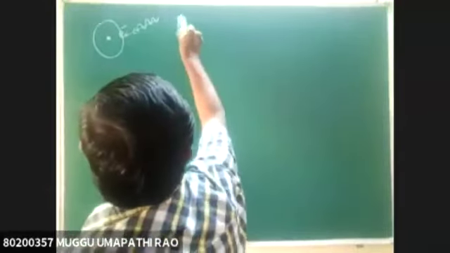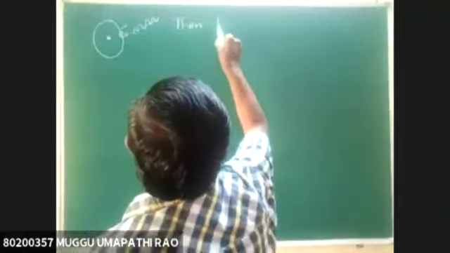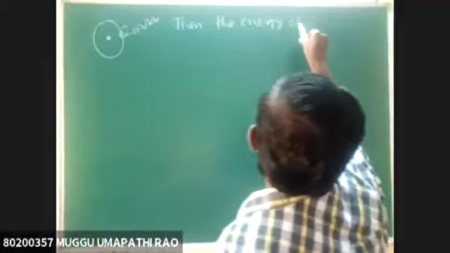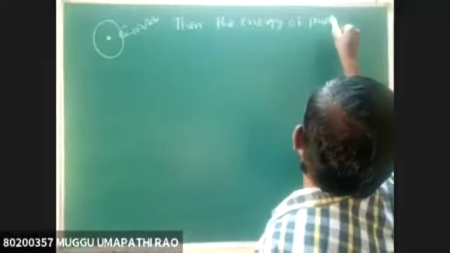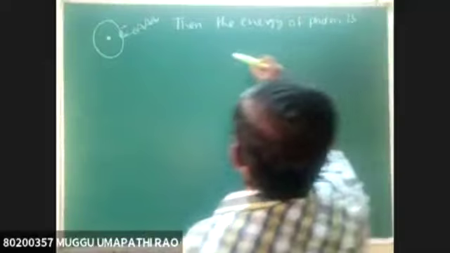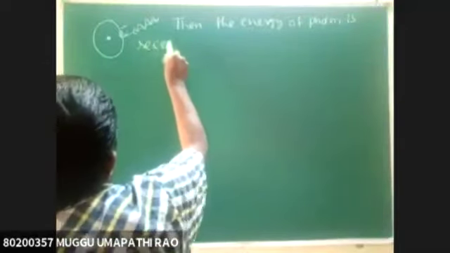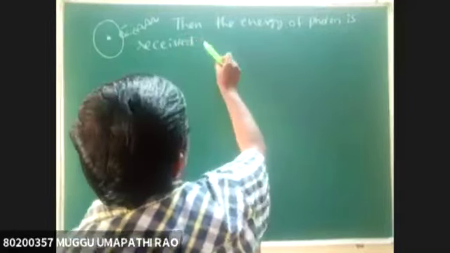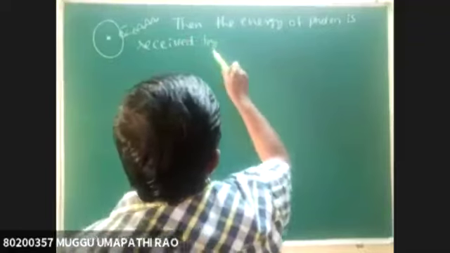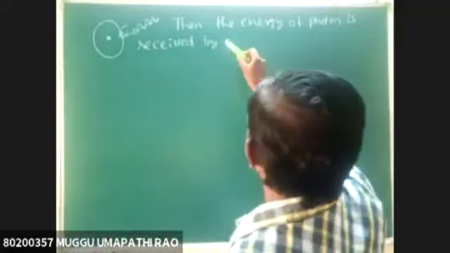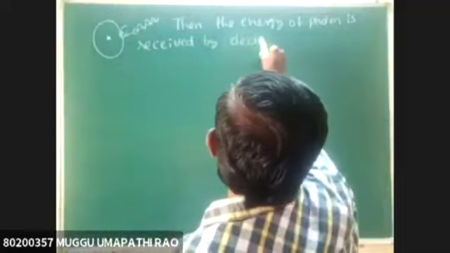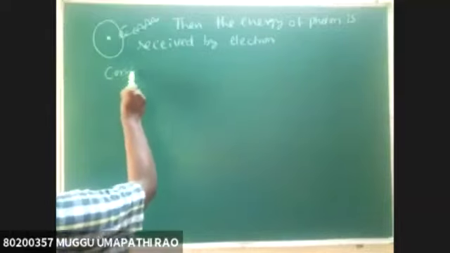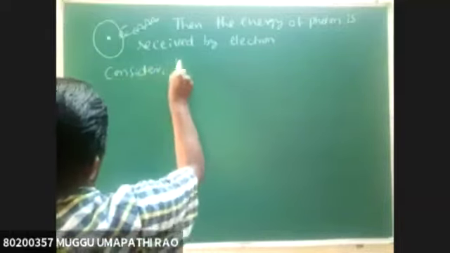Then the energy of the photon is received by the electron. Consider the energy of the photon.